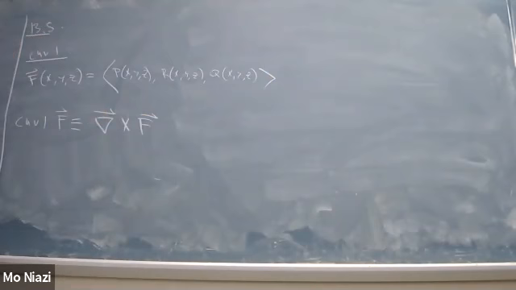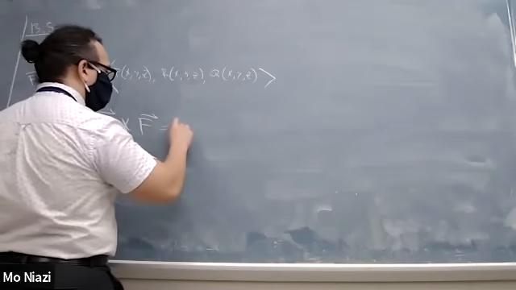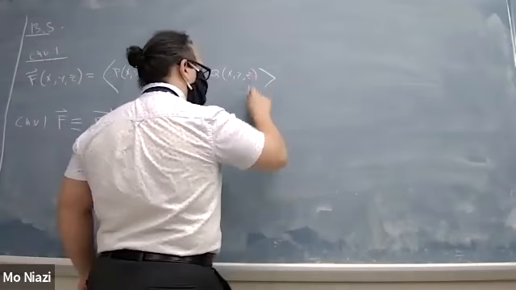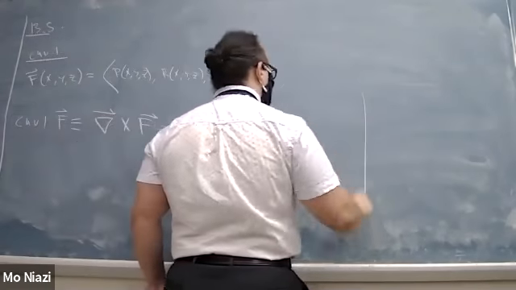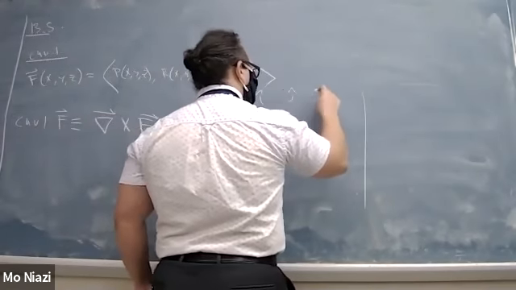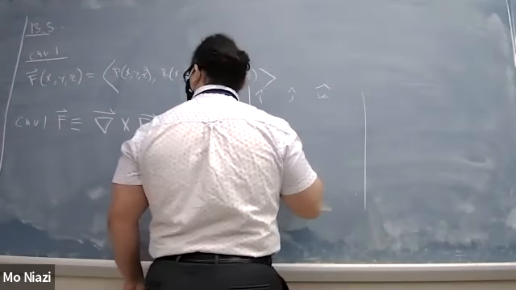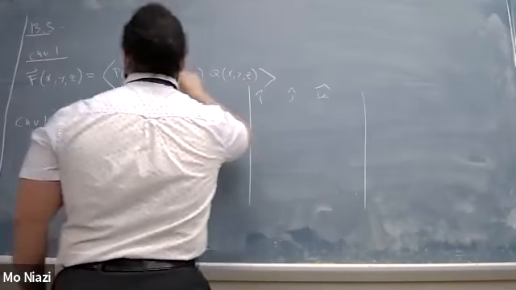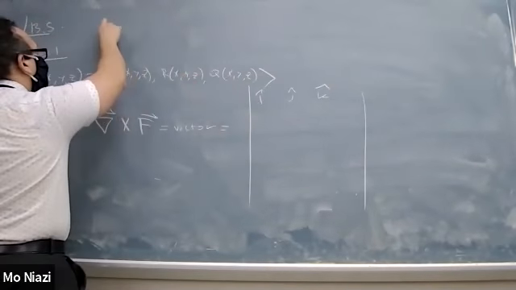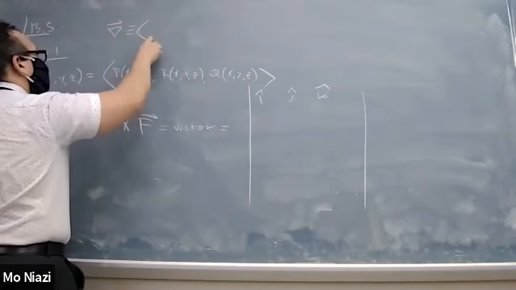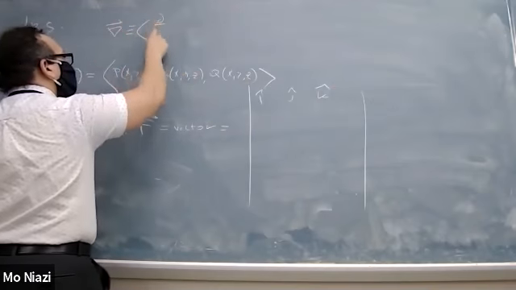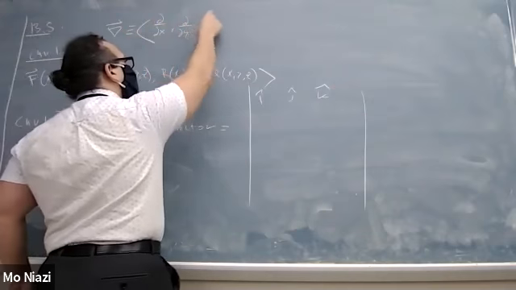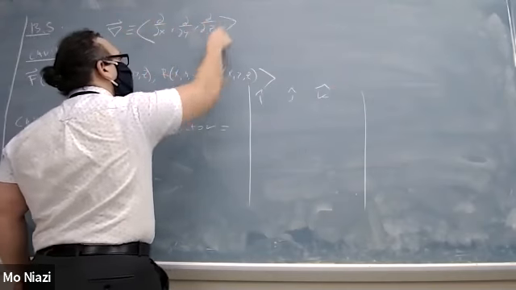Therefore, the output is going to be another vector. And what is it defined by? It's defined by a determinant i, j, k. And what is the del operator? This is defined as partial x, partial y, partial z.